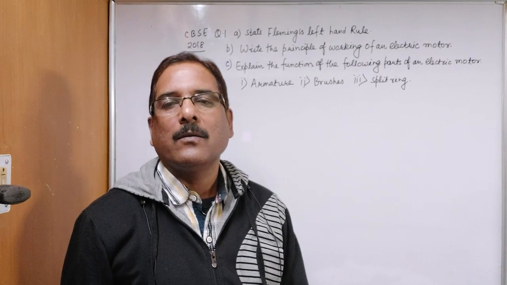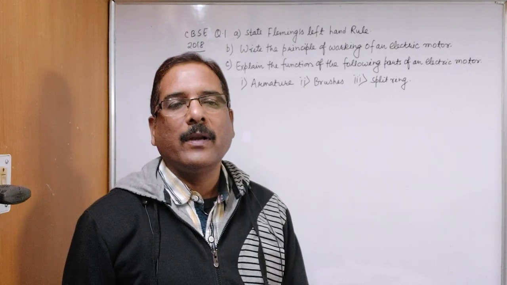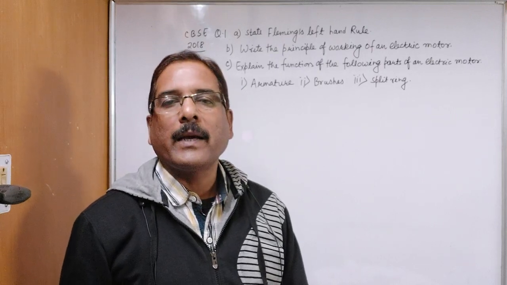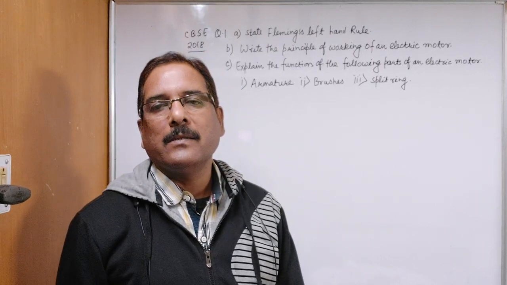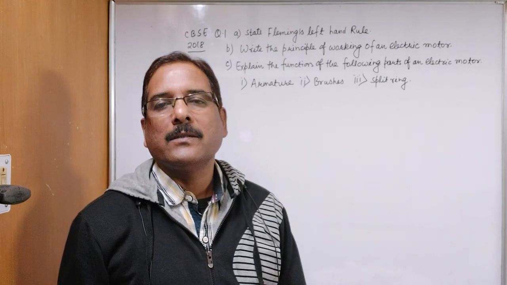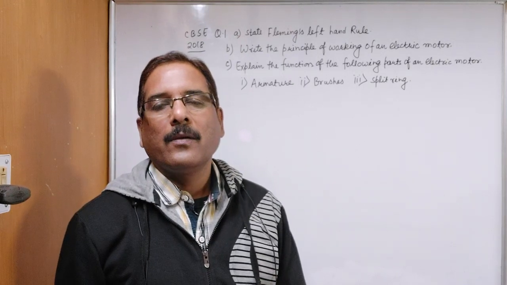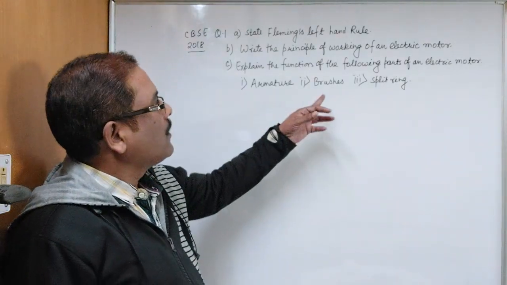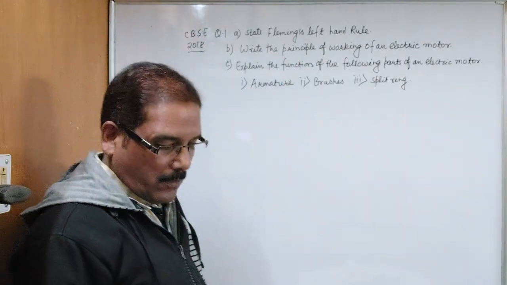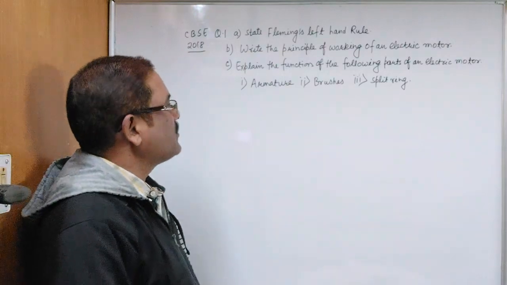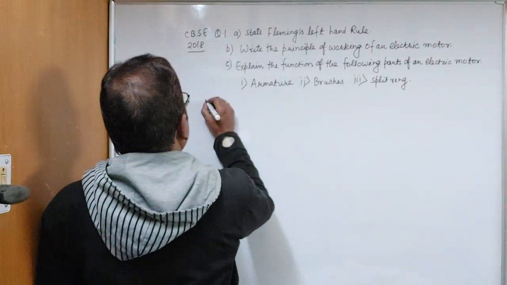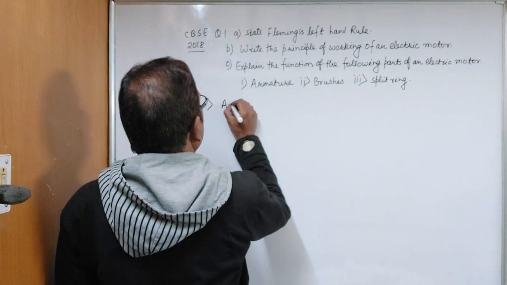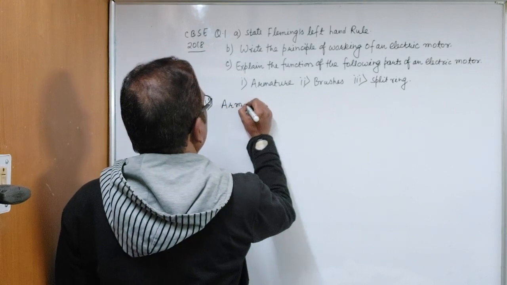When a current carrying rectangular coil is placed in a magnetic field, it experiences a force and the direction of force is determined by Fleming's left hand rule. So that you have to write in the principle. Now these portions which we have not discussed, I have sent a link of a video.